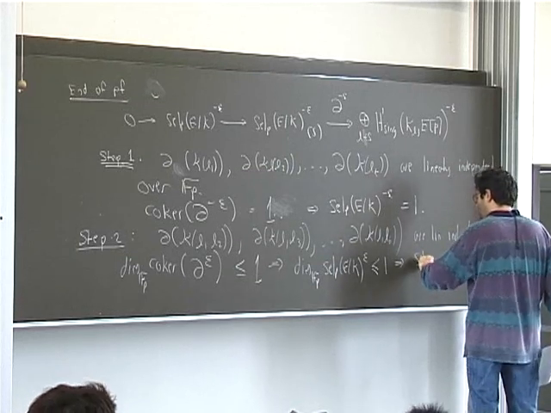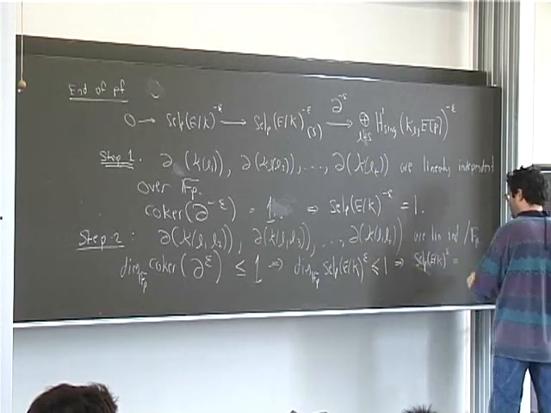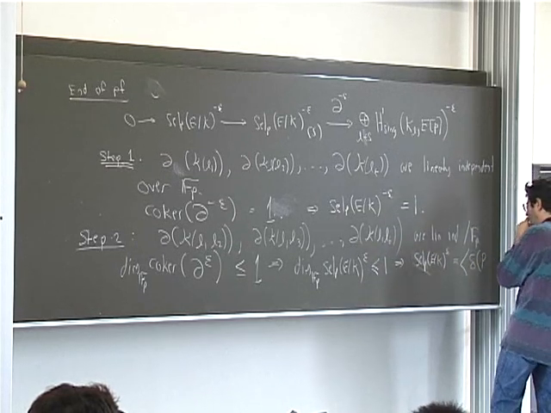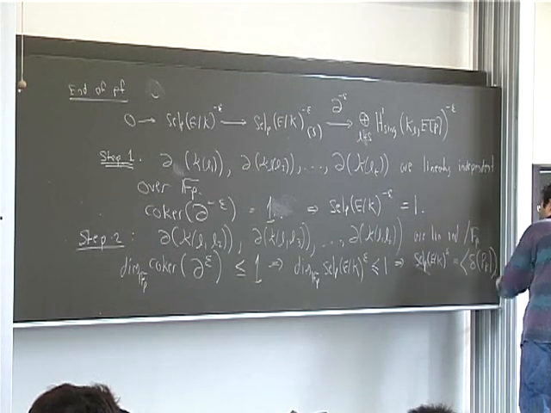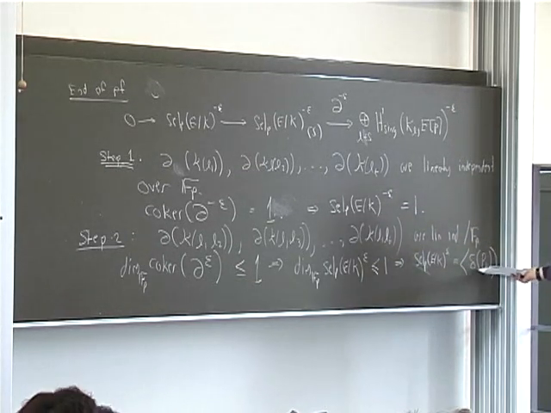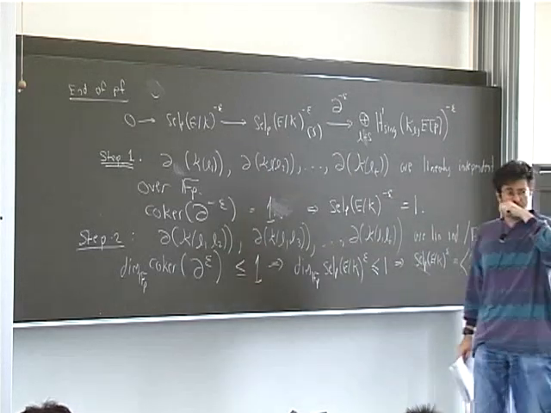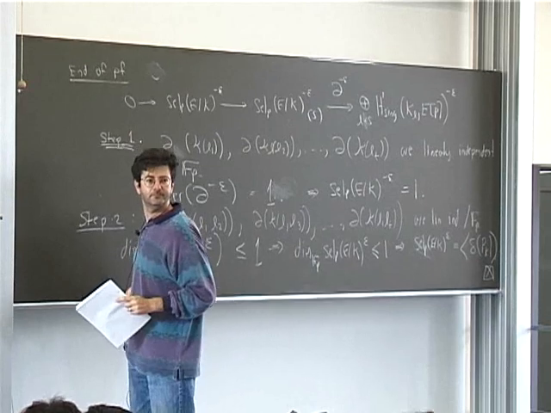In fact, the p-Selmer group of E over K, its epsilon component is generated by the image under the connecting homomorphism of the Heegner point y_K. And that completes the proof of Kolyvagin's theorem. Okay.